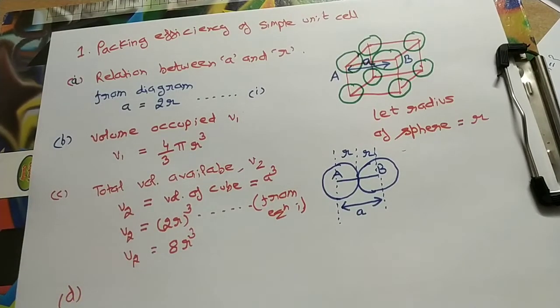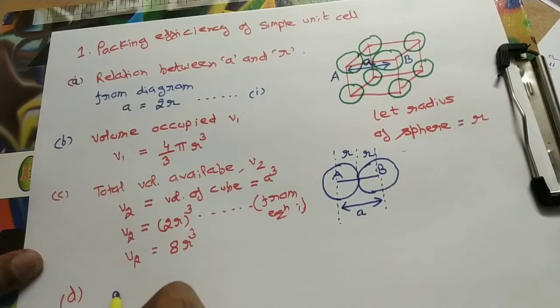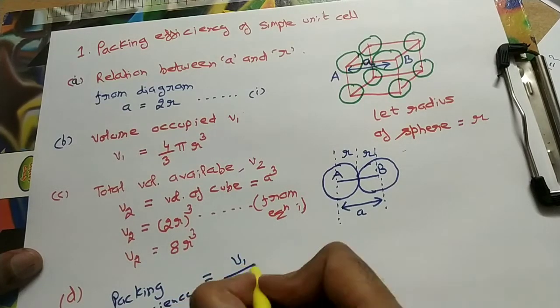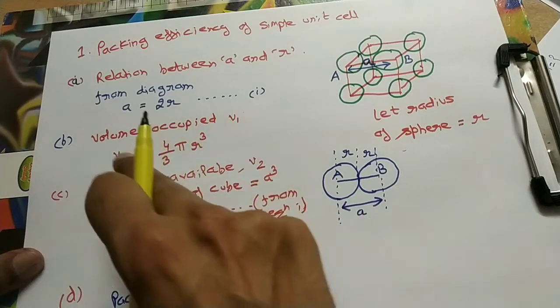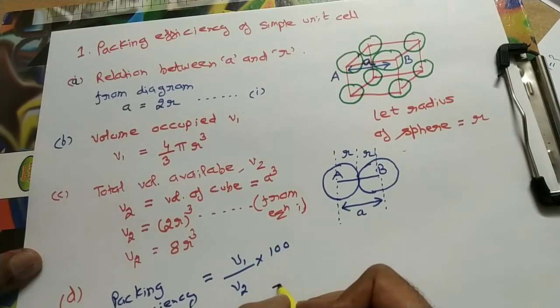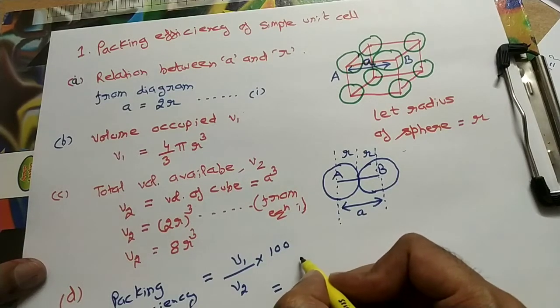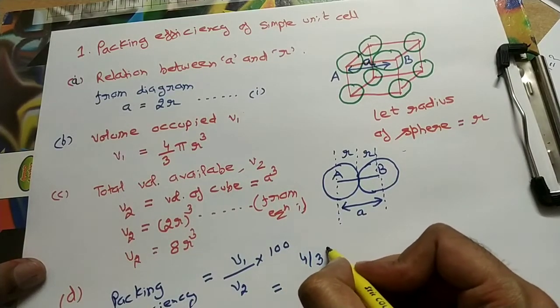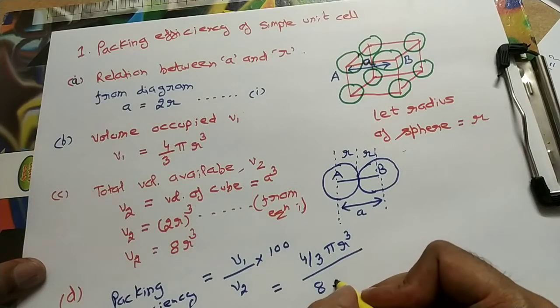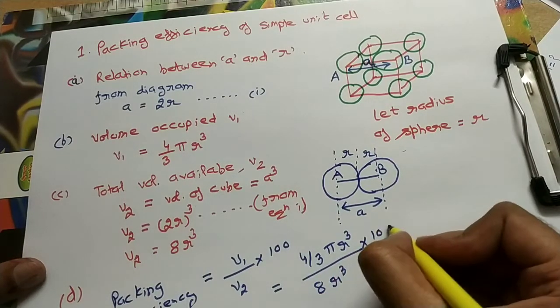लास्ट इज पैकिंग एफिशिएंसी. Packing efficiency is equal to volume occupied upon total volume into 100, which is equal to volume occupied was 4/3 pi r cube divided by 8 r cube into 100.